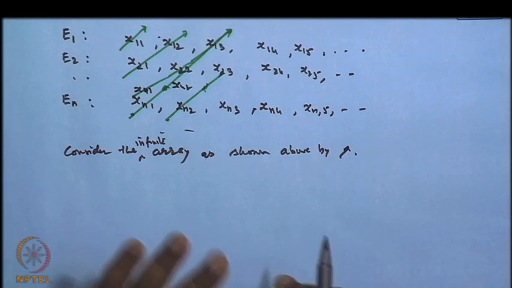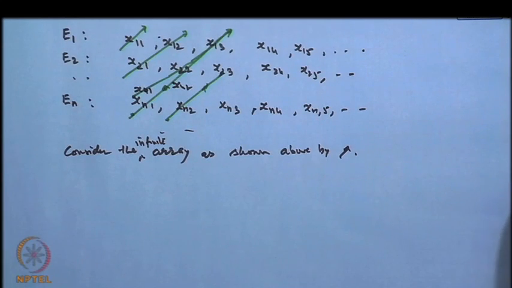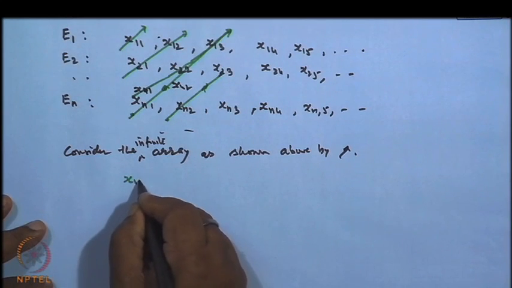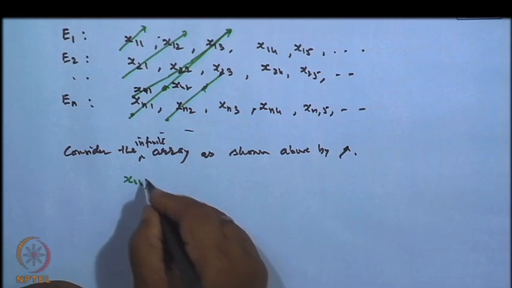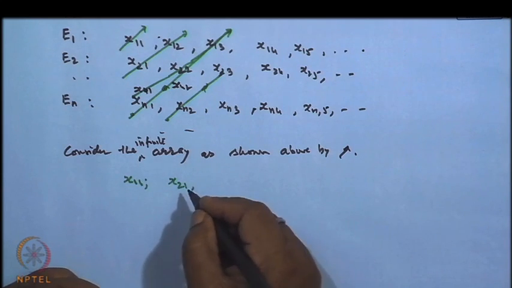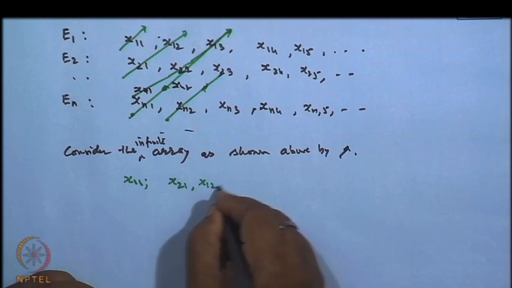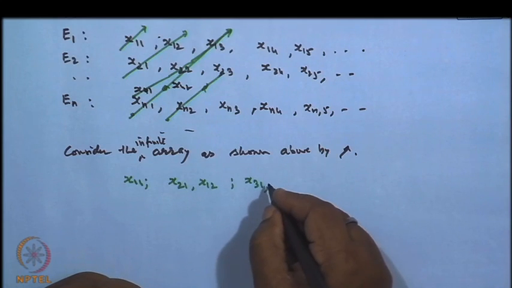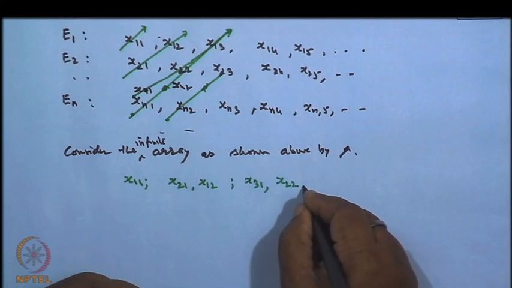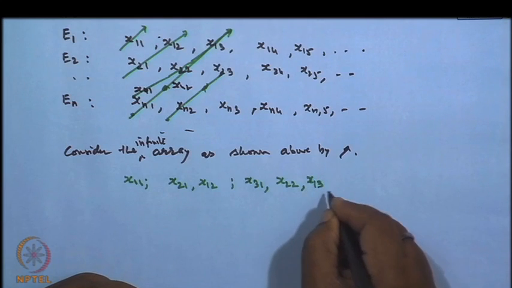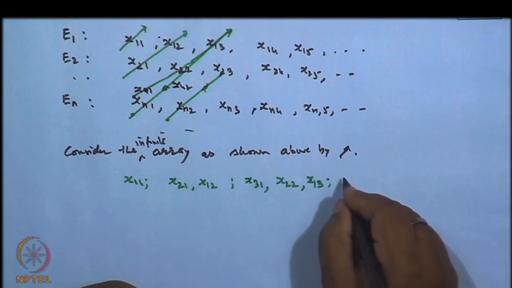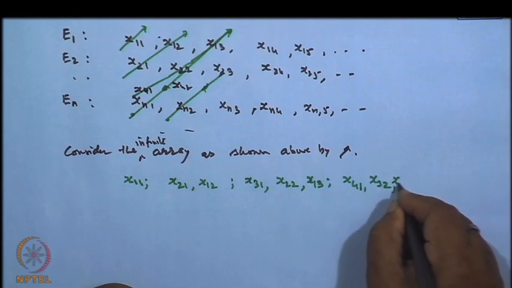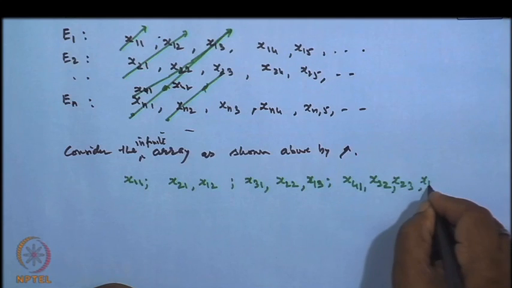So, if we continue this way, we are taking up these rays like this. The first element we choose is x 1 1, then the second ray gives x 2 1, x 1 2, then the third ray gives x 3 1, x 2 2, x 1 3, and the fourth is x 4 1, x 3 2, x 2 3, x 1 4, and continue like this.